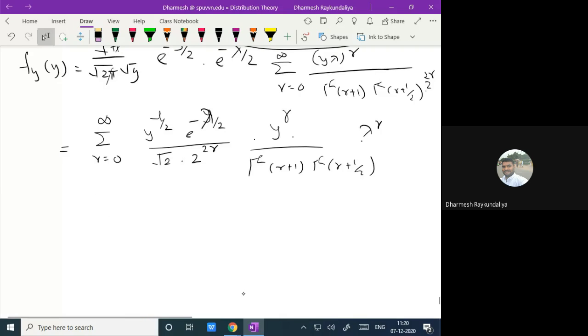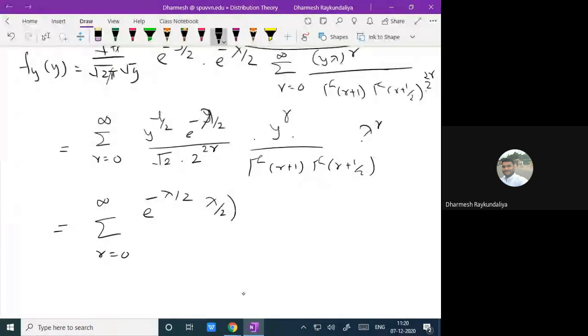We can write r equal to 0 to infinity e raised to minus lambda by 2, and here it is 2 raised to r, so we can write it as lambda by 2 raised to r.